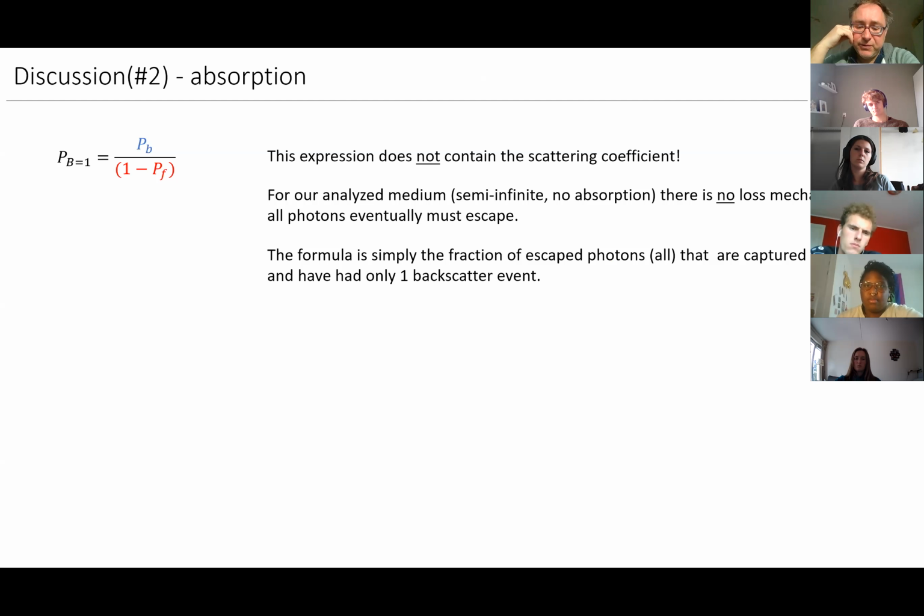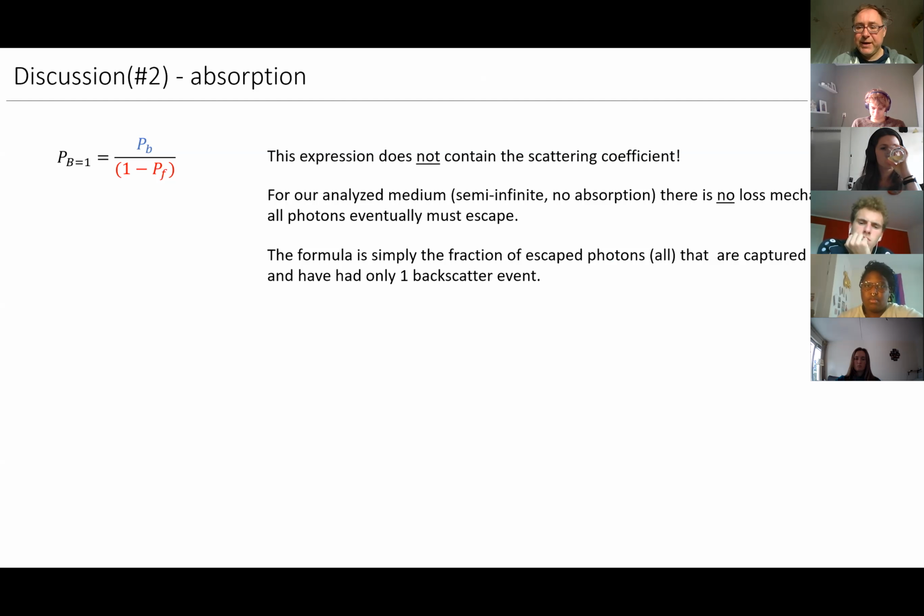So all the photons that are injected must eventually escape again from that medium because they are not absorbed. So what we calculated now basically is just a fraction of the escaped photons, and that is all of them. All of them escape in the end, but this is just the fraction that is actually captured by the fiber.